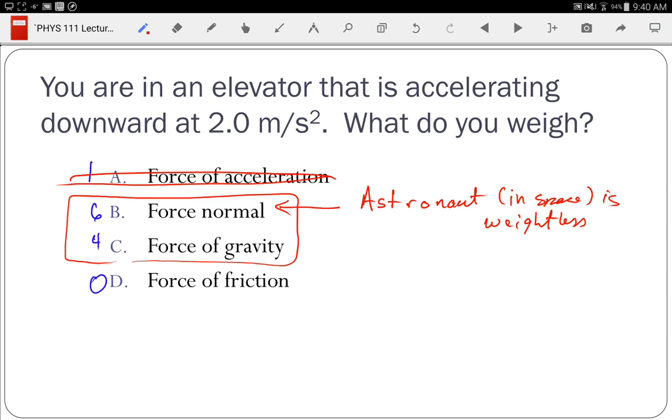If they're not putting compression on the bones, the calcium levels drop by a precipitous amount. So when they come back to Earth, they're at risk of breaking a bone pretty easily because the bones have become much weaker. How do you fix that? You've got to put some load on the bones to keep them from weakening more than necessary. So once again, the exercise equipment is a way to put some load on them.